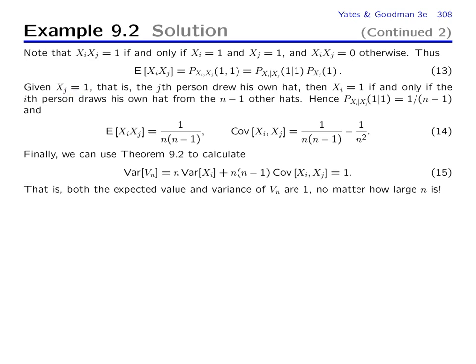Given xj is 1, that is, that the jth person drew his or her own hat, then xi is 1 if and only if the ith person draws his own hat from the other n minus 1 hats. But this probability is exactly 1 over n minus 1 because person i is equally likely to draw any of the n minus 1 other hats remaining in the box, including his own.